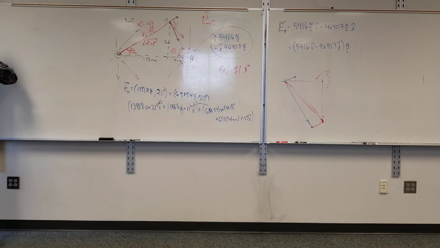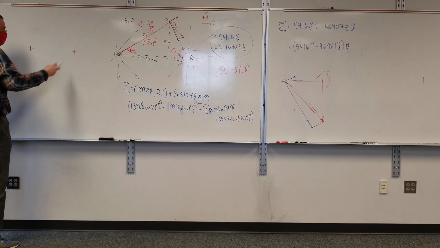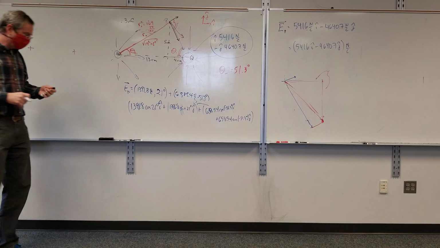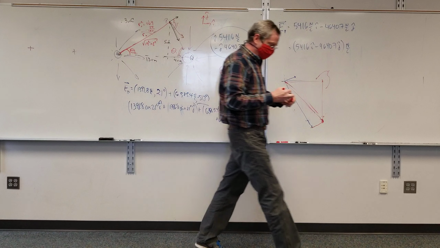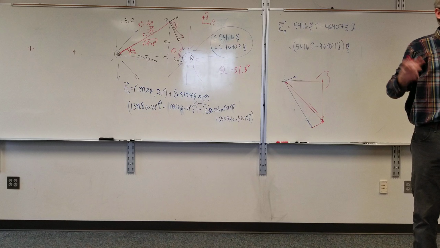Another way of doing it, just a quick and dirty way, is if I've got a plus and a negative, or plus and plus, whichever way you want to do it. If you think about the plus sign as like a water fountain, spewing water outwards, the negative sign you can treat like a drain.